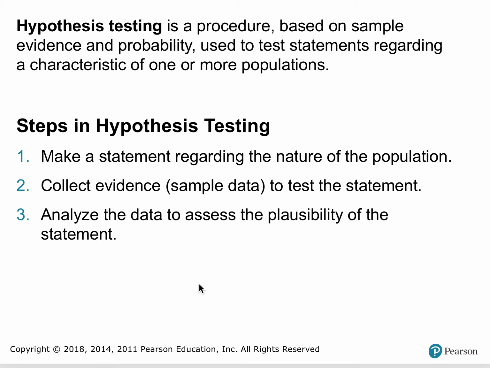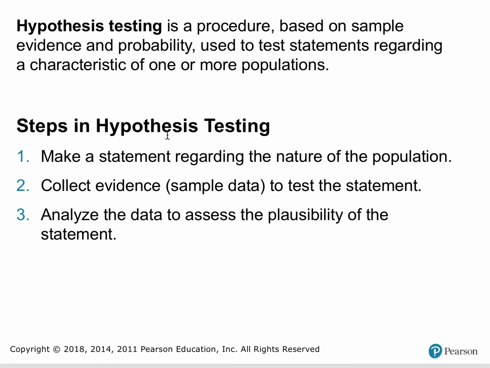We don't have to infer if we have data on the entire population. We can just analyze it and state what's happening with the population. All right, hypothesis testing is a procedure based on sample evidence and probability used to test statements regarding a characteristic of one or more populations, and once again we said in our case of a population.